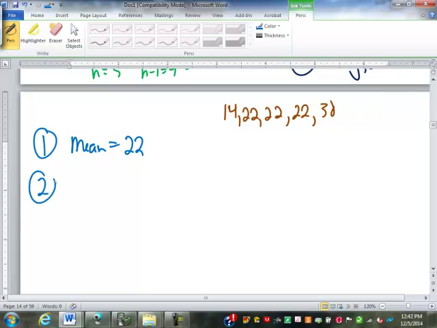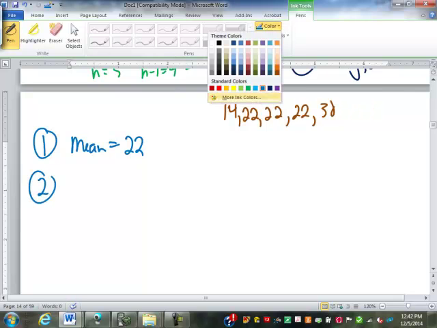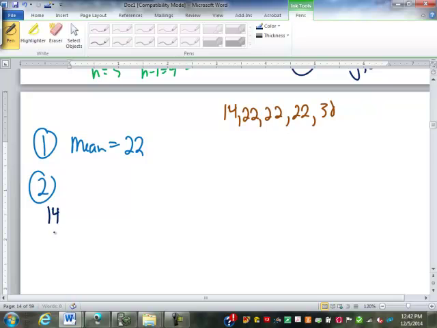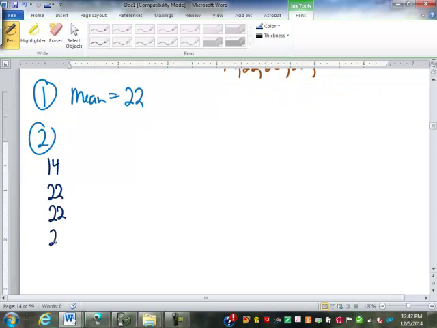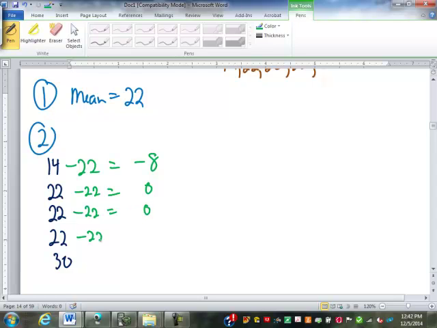What is step 2? Subtract the mean from each value. Very good. Well, we're subtracting 22 from each of them. 14 minus 22 is a negative 8. 22 minus 22 is 0. Still 0. And still 0. 30 minus 22 is 8.